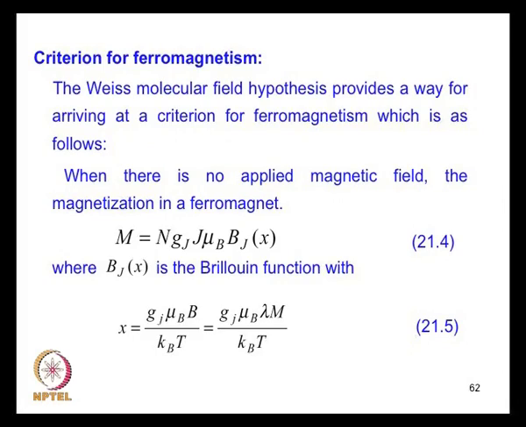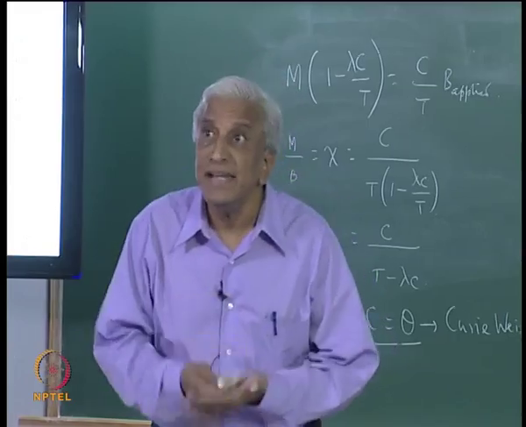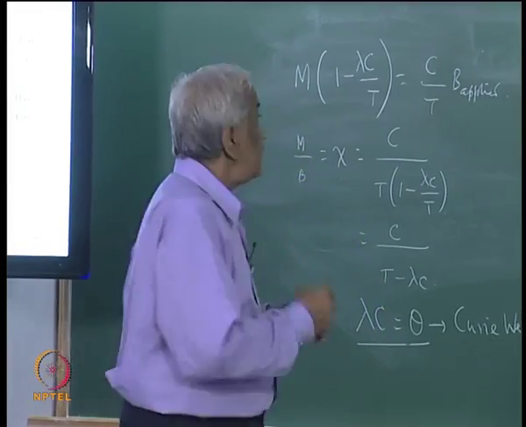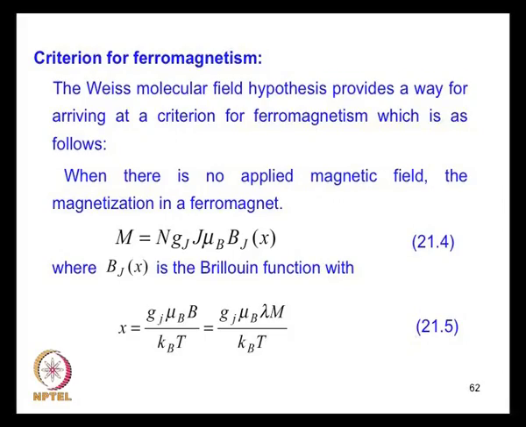So, this is what we have seen, and now we would like to use this molecular field hypothesis to develop a criterion for the existence of ferromagnetism using the theory that we have used already. So, let us do this now.